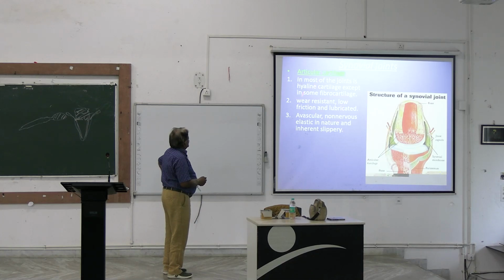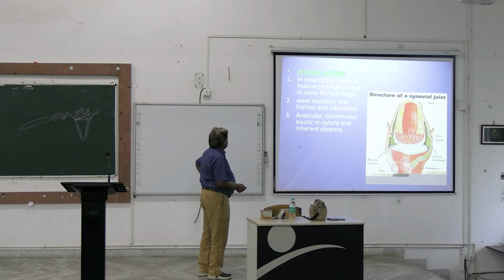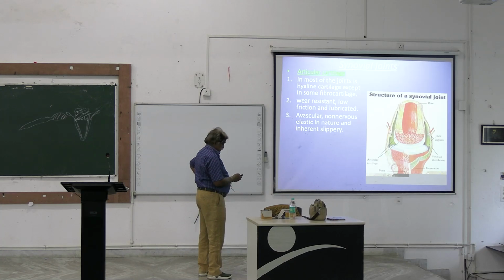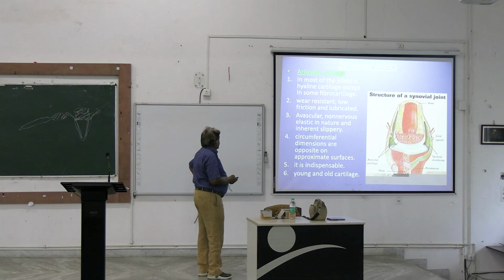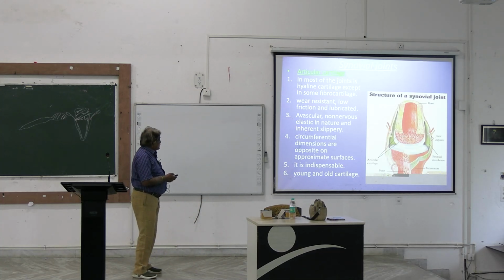Now, resistance, low friction and lubricated, this articular cartilage. Avascular, non-nervous, elastic in nature and inherently slippery. Circumferential dimension.